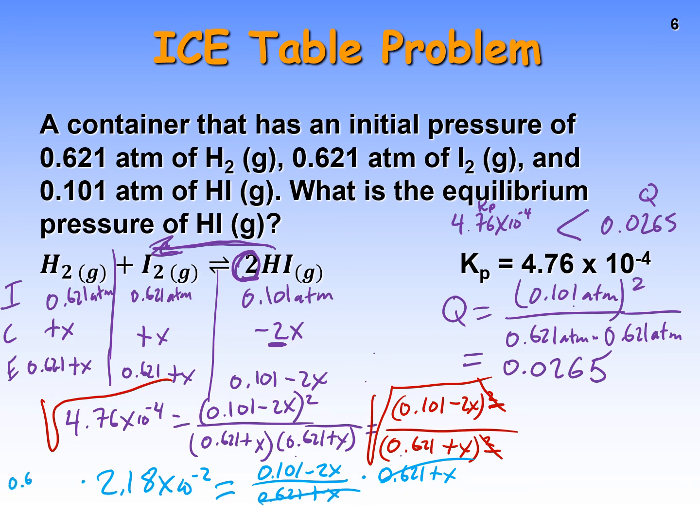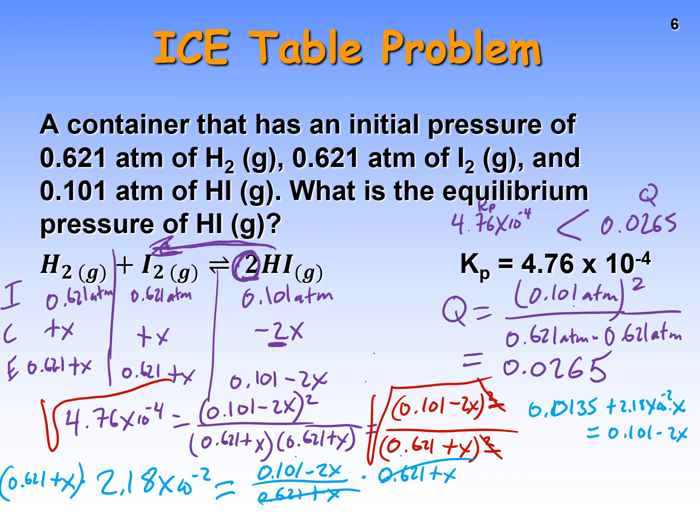And this will give me a new expression, which I'm going to do over here. This will give me 0.0135 plus 2.18 times 10 to the negative 2 x is equal to 0.101 minus 2x.